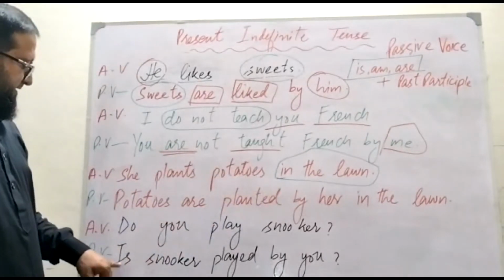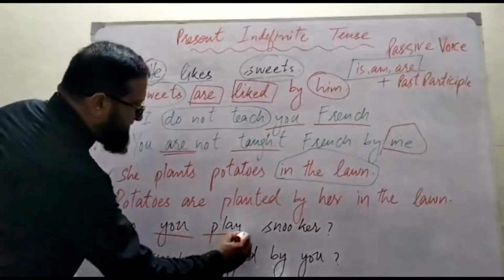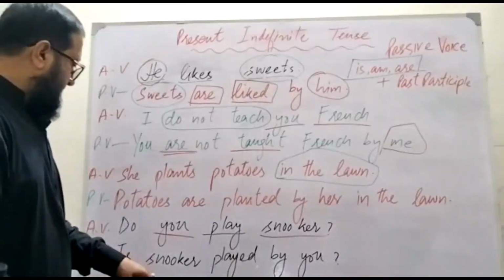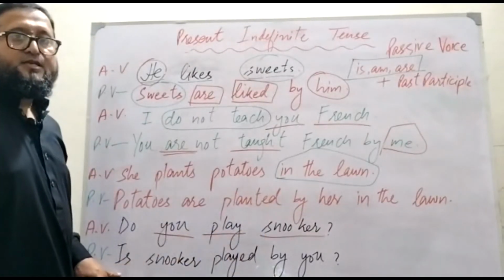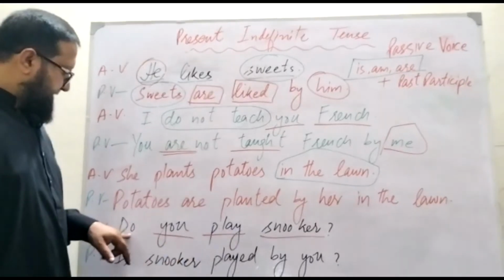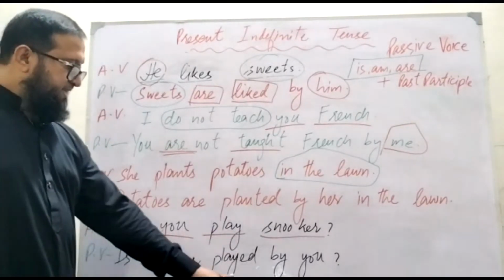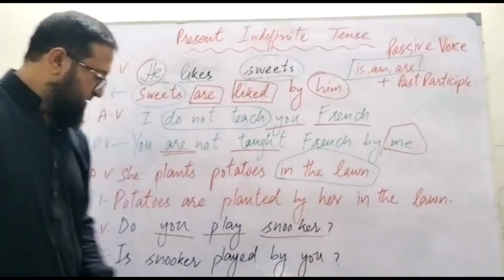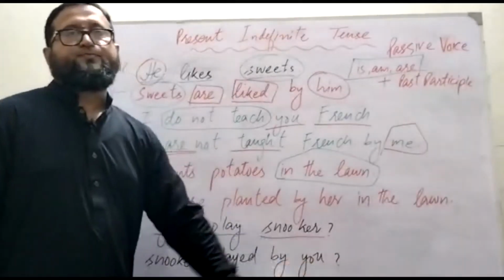So how will it be converted? You see, this is the subject, this is the verb, and this is the object. So the object will come in the beginning, but before it there must be a word showing question. Instead of do, you will put is, and then comes the subject, then your verb in past participle, and then your subject. So it will become: is snooker played by you?